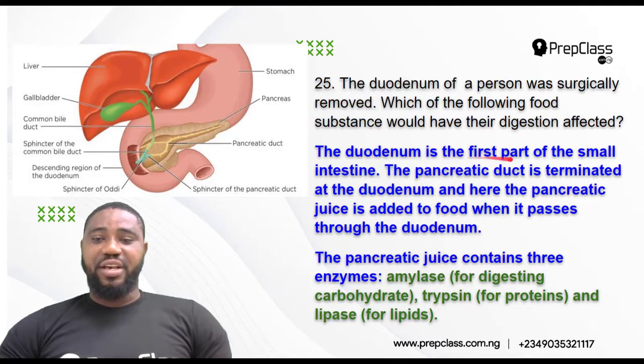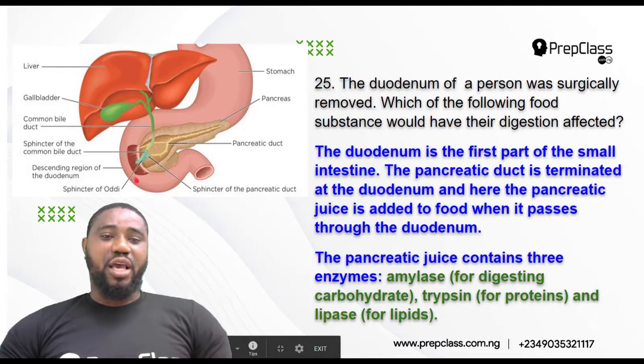So I said that the duodenum is the first part of the small intestine. The pancreatic duct, that's the opening from the pancreas that empties the liquid pancreatic juice into the duodenum. So the pancreatic duct terminates at the duodenum, and here the pancreatic juice is added to food when it passes through the duodenum. The pancreatic juice contains 3 enzymes: amylase for digesting carbohydrates, trypsin for digesting proteins, and lipase for digesting lipids.